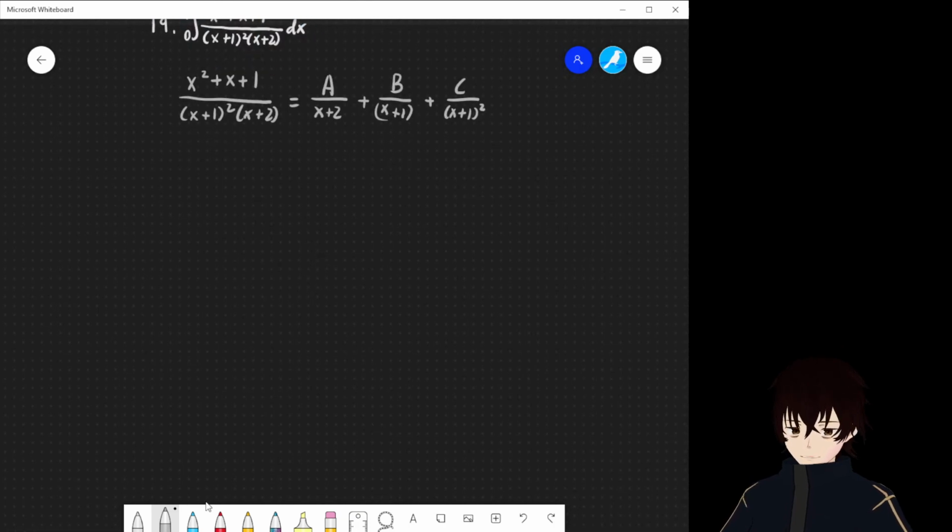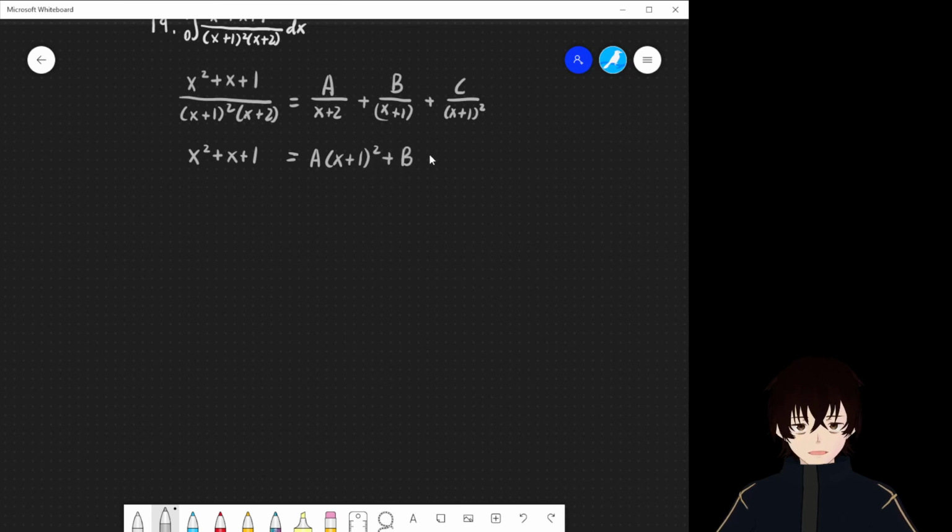Okay. That means x squared plus x plus 1 is equal to a times (x plus 1) squared plus b times (x plus 2)(x plus 1) plus c times (x plus 2).